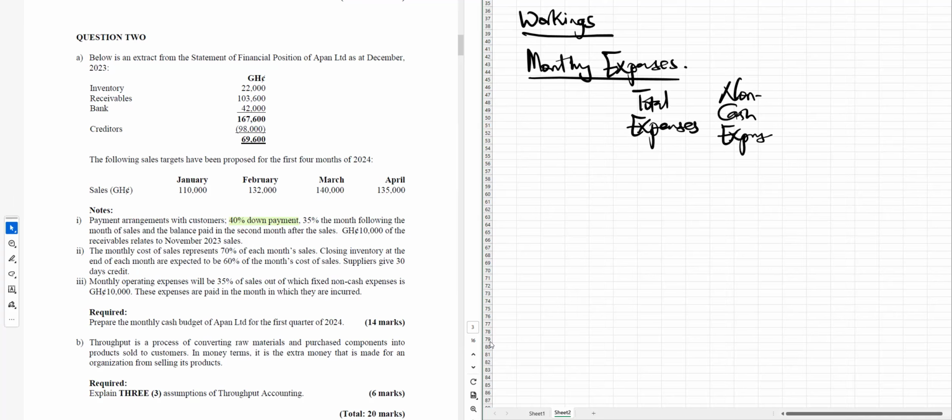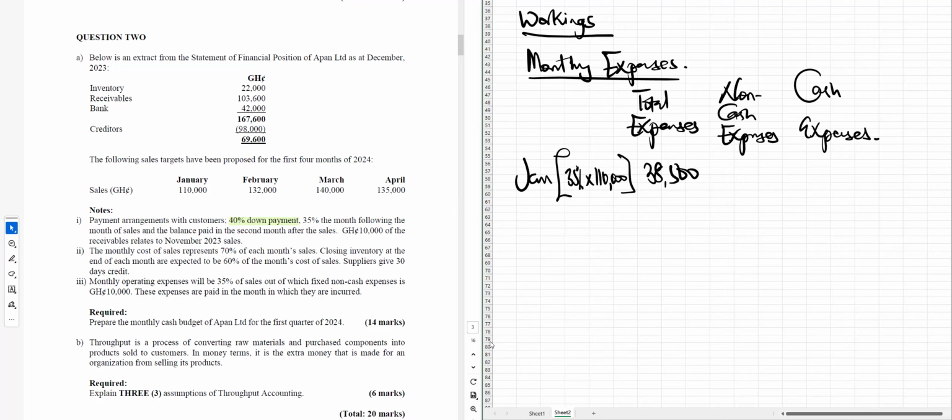So non-cash expenses, we have to take it out, then we get the cash expenses. In this case, we are doing only the first quarter. So January, 35% of January sales, which is 110,000, will give us the total expense. That's 38,500, minus that 10,000. So that's 28,500.